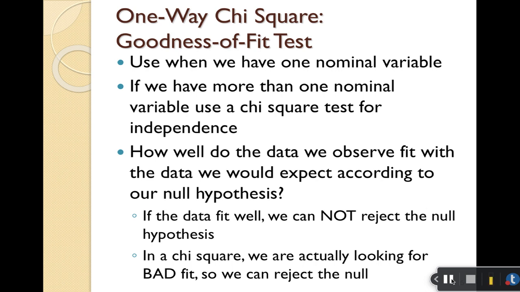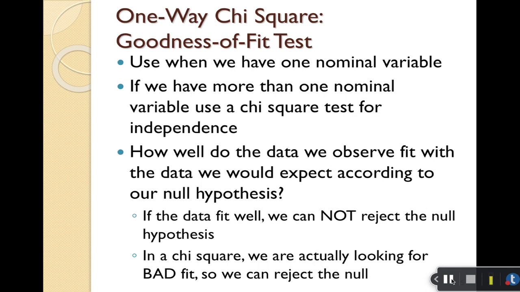And really what we're looking for in a chi-square test is we're asking ourselves, how well do the data we observe fit with the data we would expect according to the null hypothesis? So if you recall back to our unit on hypothesis testing, the null hypothesis is always 0, no difference, there's nothing going on between our different groups.